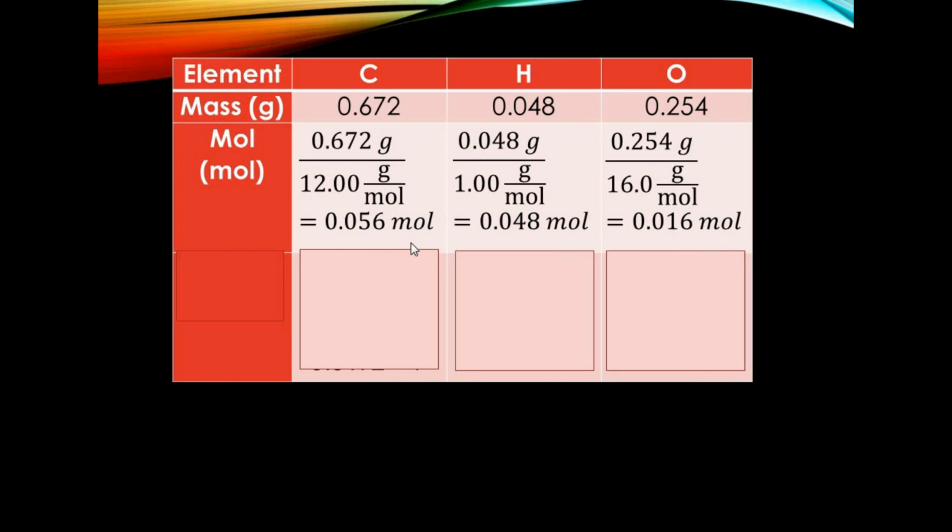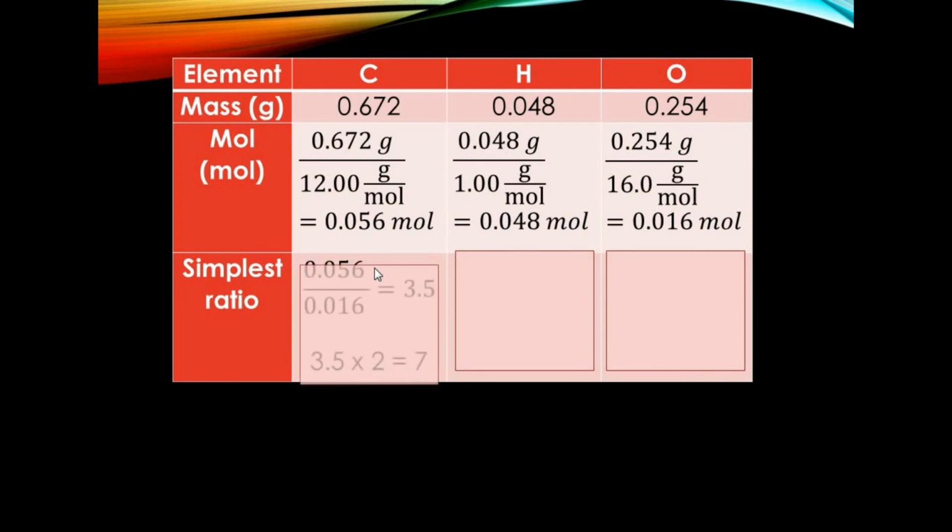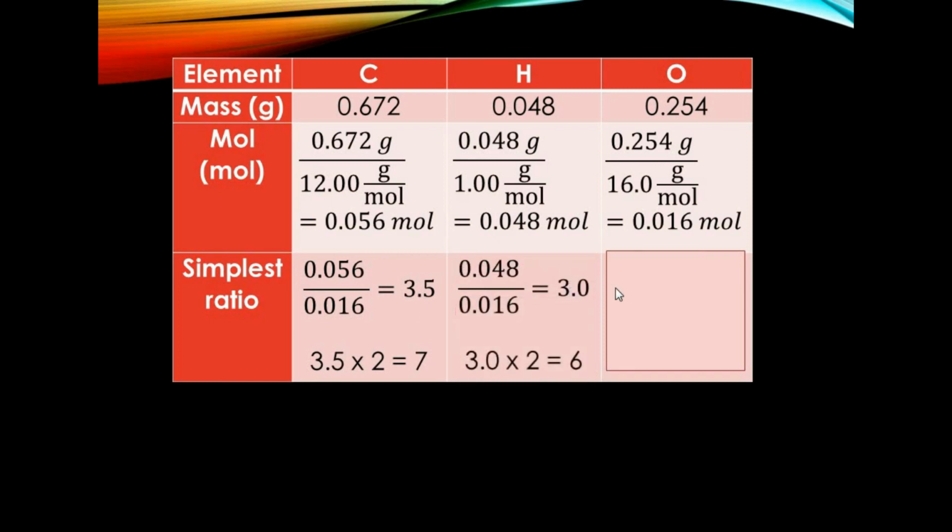So the smallest number of mole is 0.016. So 0.016 can be used as a common factor to find the simplest ratio. For example, carbon 0.056 divided by 0.016, we get 3.5. Hydrogen 3.0.